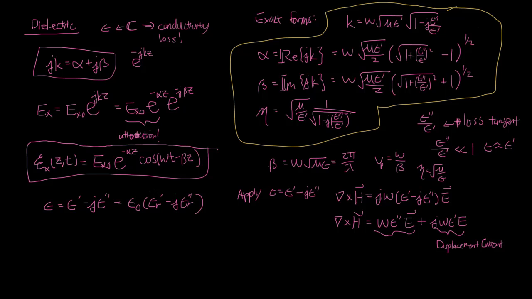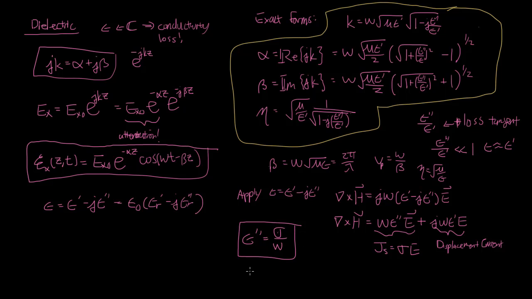If you think back to what the curl of H is in Maxwell's equations, that's right, this is equal to the current density, or sigma E. And so what that means is that if epsilon is a complex number, these two are going to be equal. So epsilon double prime is equal to sigma over omega. And so that is how this links to conductivity.